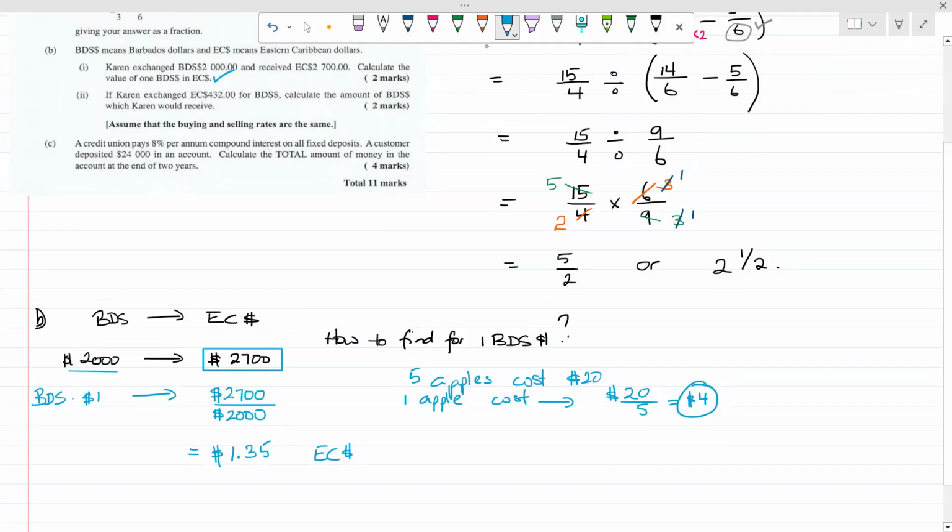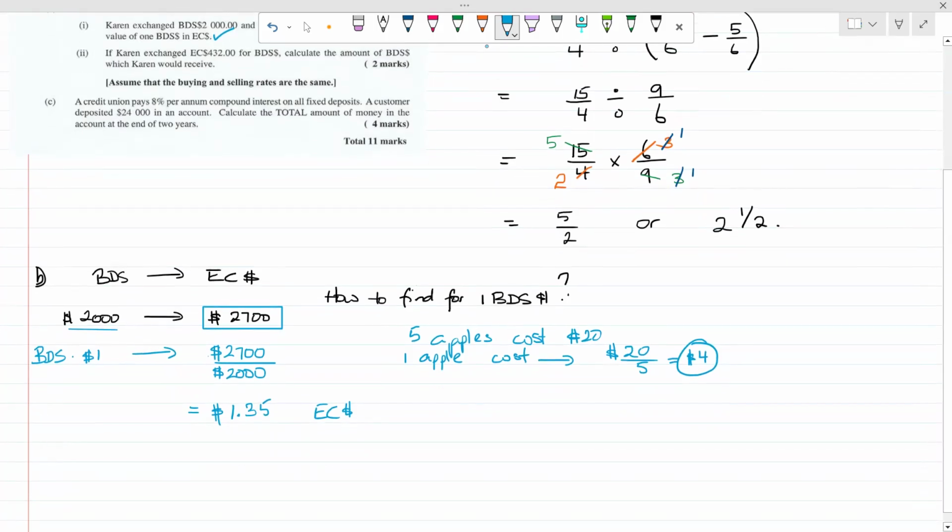Part two. If Karen exchanged $432 EC for Barbados dollars, calculate the amount of Barbados dollars which Karen would receive. This was part one, and this is now B part two. We now want to go from EC dollars to Barbados dollars.